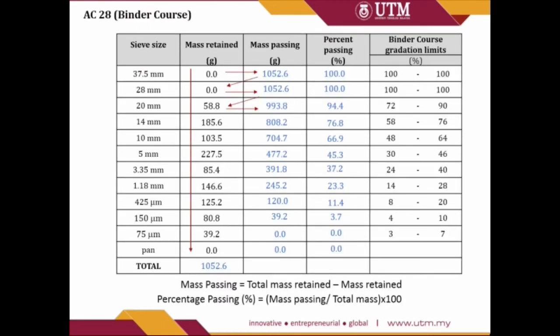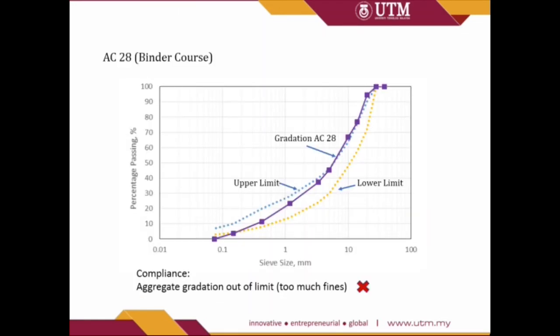This table shows the result of aggregate gradation for binder course and the calculation as shown in the table. Please do your own calculation to verify the values using the formula given. This figure shows the plot of aggregate gradation obtained for binder course.